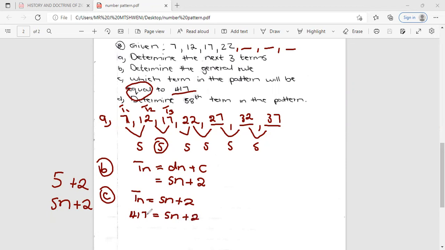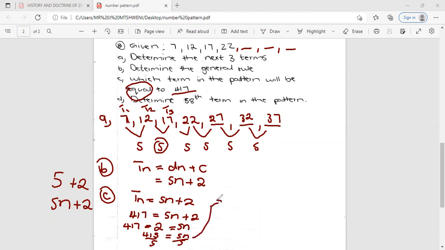Then begin to group like terms. 417 minus 2, when you take 2 to the other side. 417 minus 2 gets 415. 415 equals 5n. We're looking for the value of n. So we're going to divide by 5 on both sides.